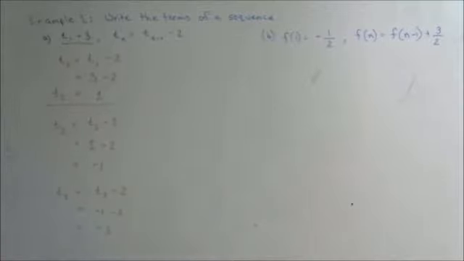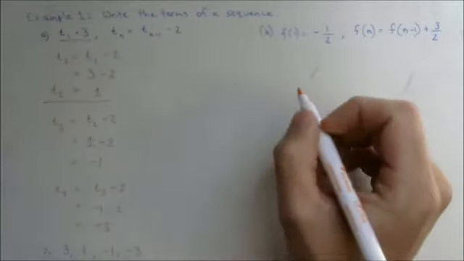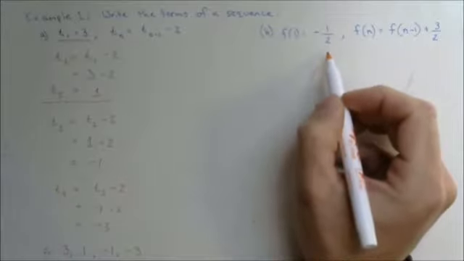So the first 4 terms of the sequence are: the first term was given, that's 3. Then we had 1, -1, and -3. Let's go across the way. In this one, the first term is given as -1/2.